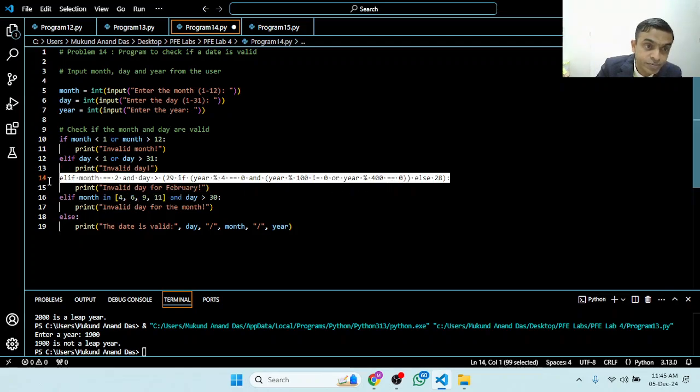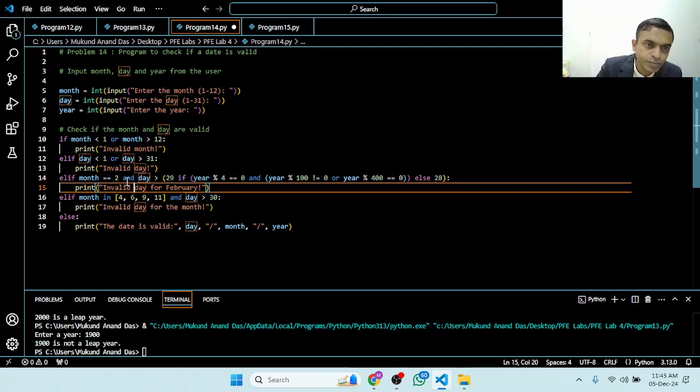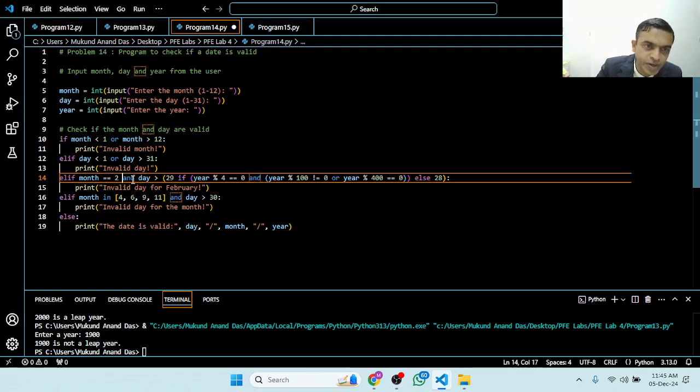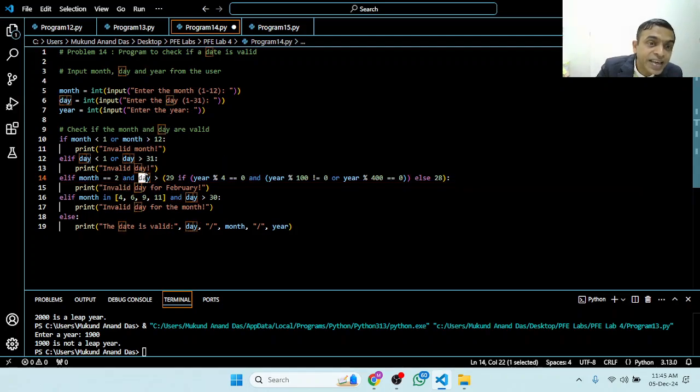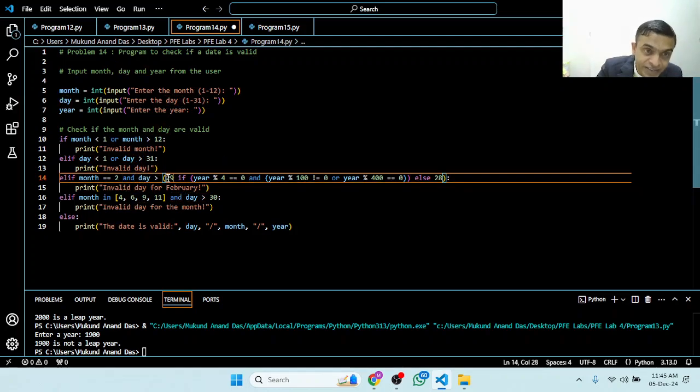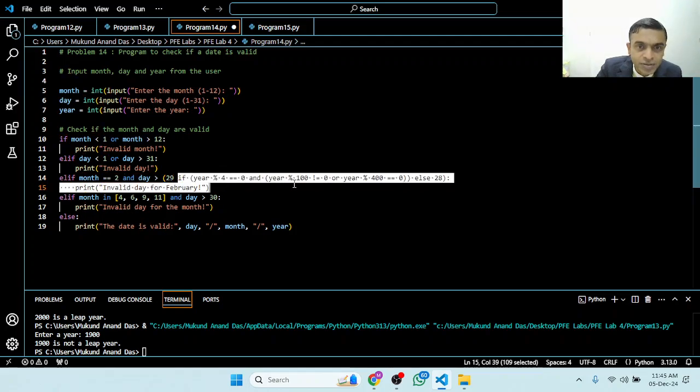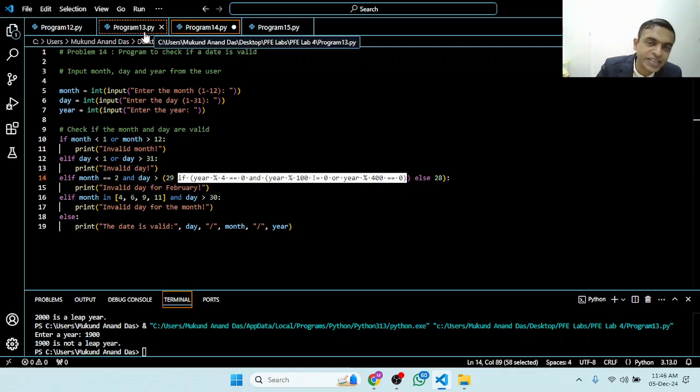Now look at this. If month is equal to 2, which means the month is February, and day is greater than 29, then we have to check whether the year is a leap year, and the entire leap year logic we are going to put here. This is the leap year logic we have exactly studied in program 13.